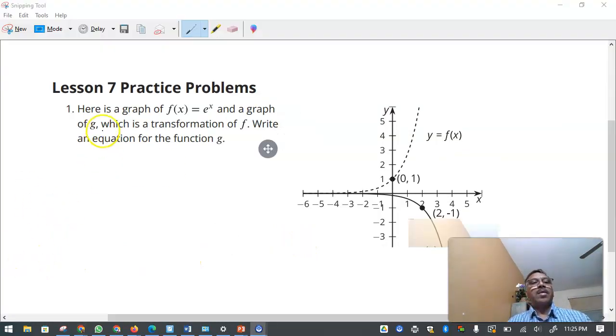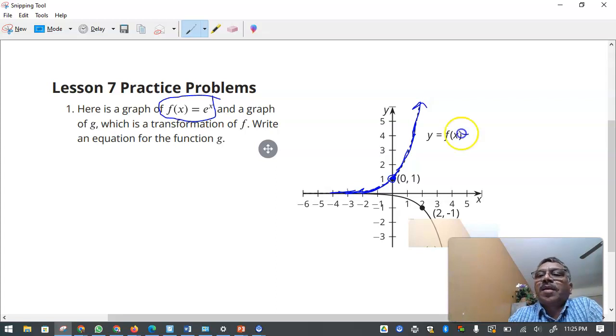Okay, here is a graph of e raised to x. So this is e raised to x. The one that is given dotted is e raised to x. And the main point is (0, 1), because e raised to x passes through (0, 1). So this is e raised to x, the original exponential function.